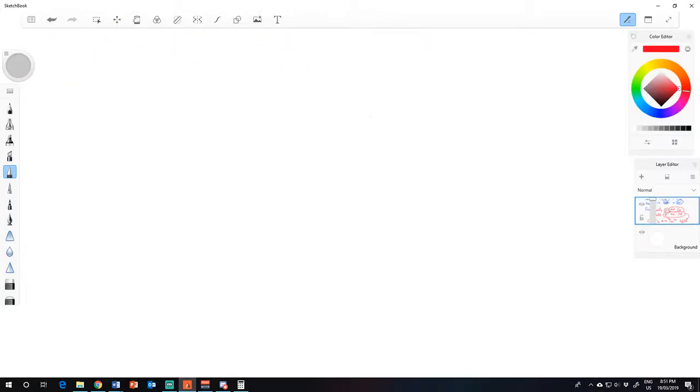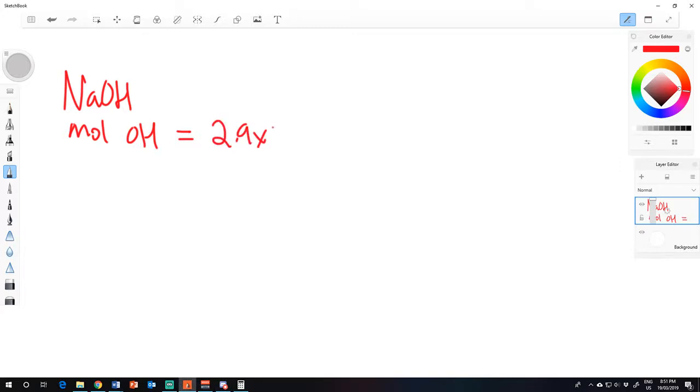From the NaOH, I can calculate the moles of OH as follows. Moles of OH will equal the concentration of 2.9 times 10 to the negative 2 molar times 150 milliliters. So this will give me the following.